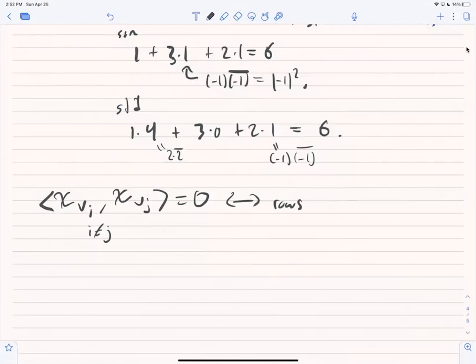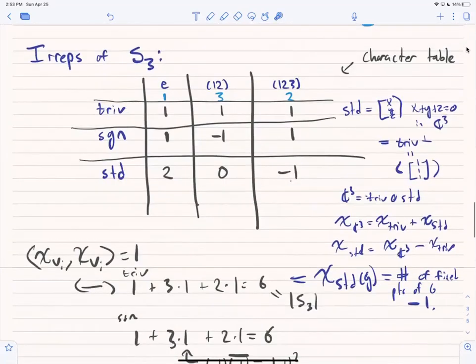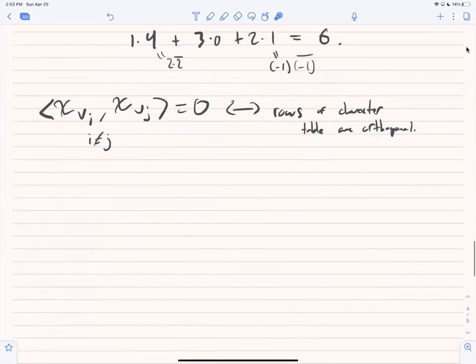This is always equivalent to saying the rows of the character table are orthogonal for the standard Hermitian inner product, weighted by the conjugacy classes again.